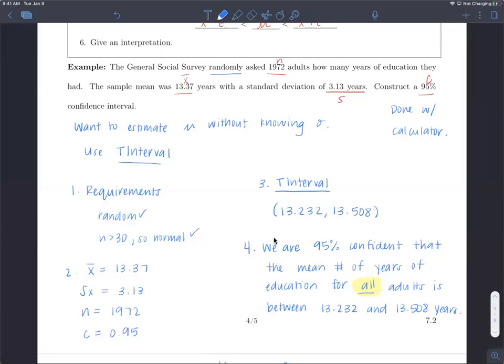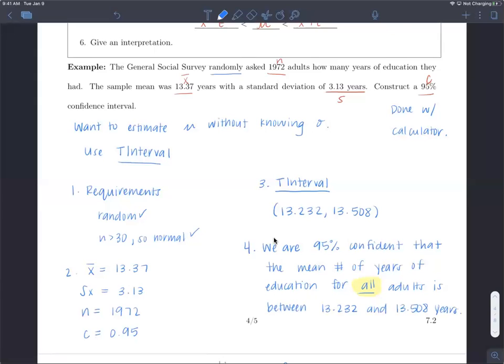But when you're doing confidence intervals, rather than testing a given population parameter, you're trying to estimate it. You're saying, I don't know what it is, but I'm confident that it's between these two values, so I'm giving you a range of values rather than an exact number. I hope the difference is clear, especially because on the final you're going to have a lot of questions that look similar, and you have to know whether you're going to find a confidence interval or test.